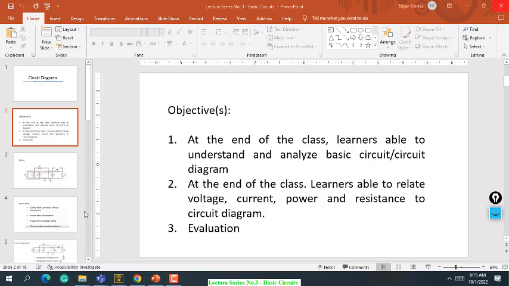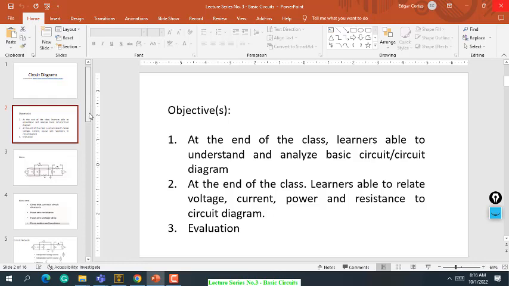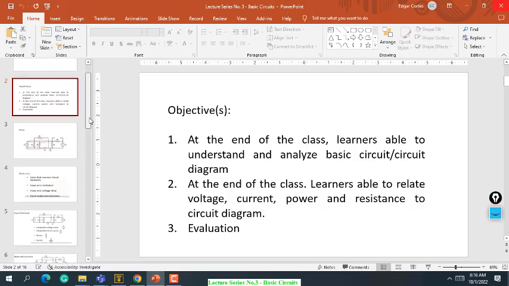And then we have an evaluation. Every time we discuss, we have a simple evaluation in class, and this is also true for the upcoming meetings. We call this the activity exercise, and I think this is number 4 already.